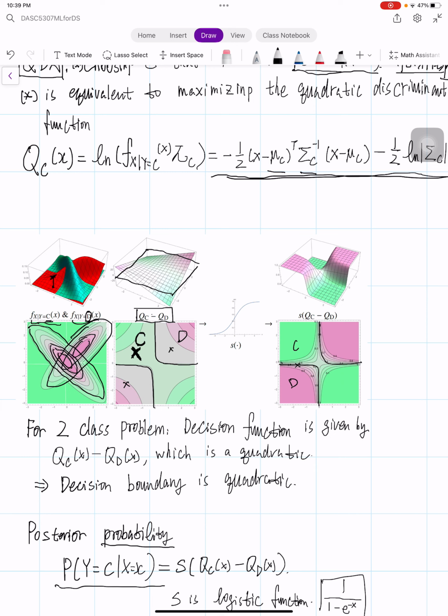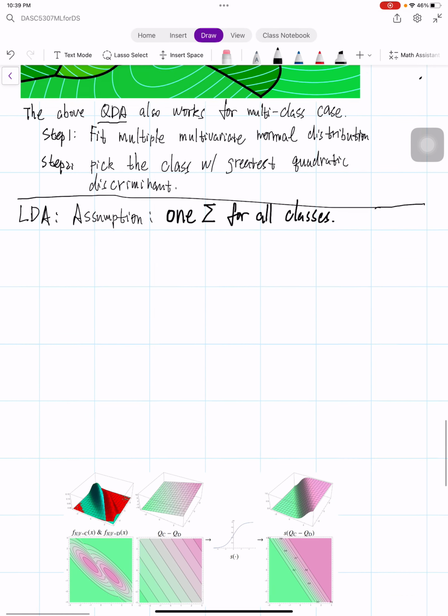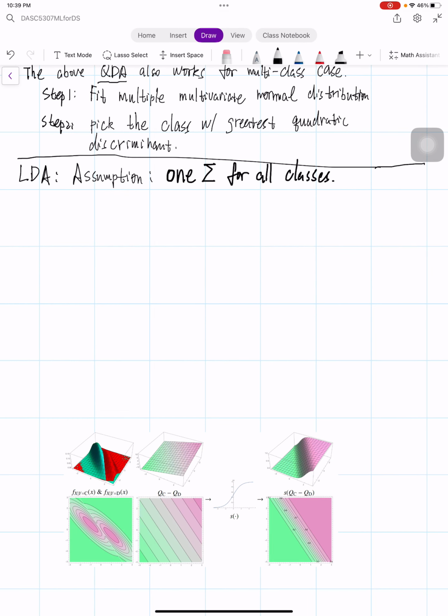So there is sigma c and sigma d, and they are different. But in linear discriminant analysis, we have one further constraint: for all the classes, the variance covariance matrix is the same.